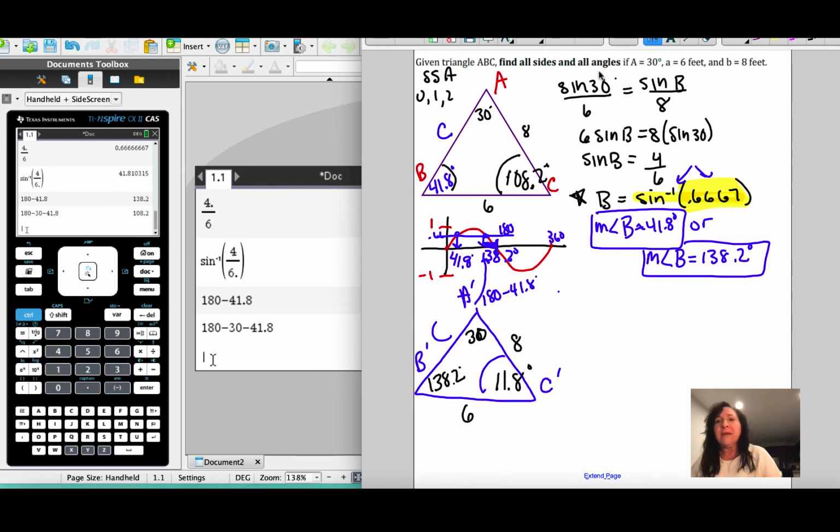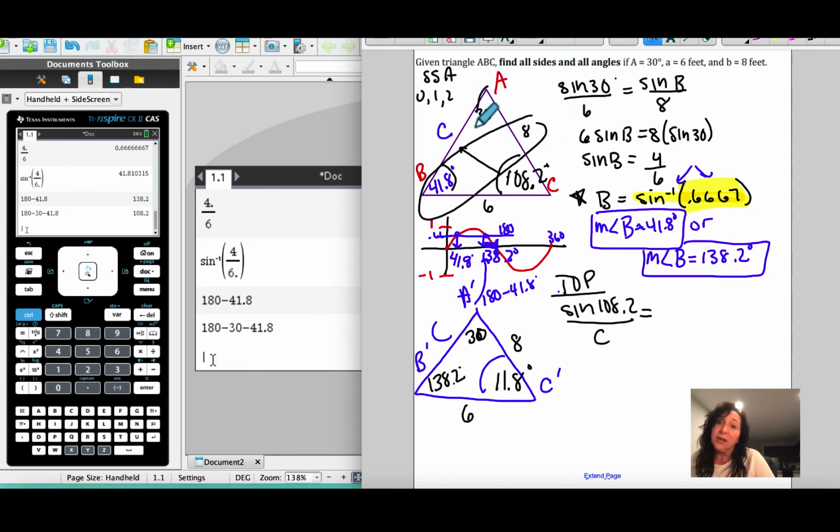All these are different. So what I have to do now is use law of sines, we like law of sines, to find little c. So for the top triangle, we would go sine of 108.2. Remember, you have to do this side and that, right? So sine of 108.2 over little c is equal to, now I can use these two, or I can use these two.